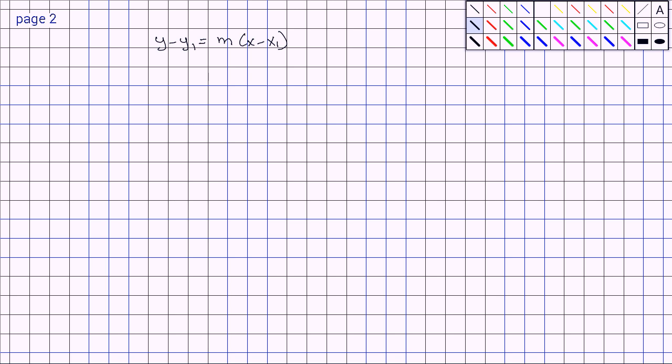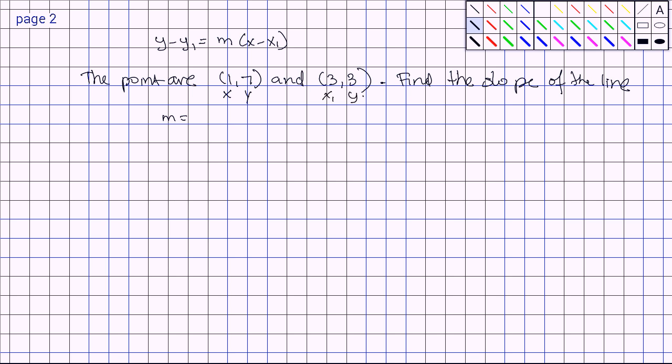So let's say you are given 2 points, and the points are (1, 7) and (3, 3). And you are asked to find the slope of the line first, which is easy to do. To find the slope of the line, you have to label one of your points as x, y, and the other we'll call x1, y1.